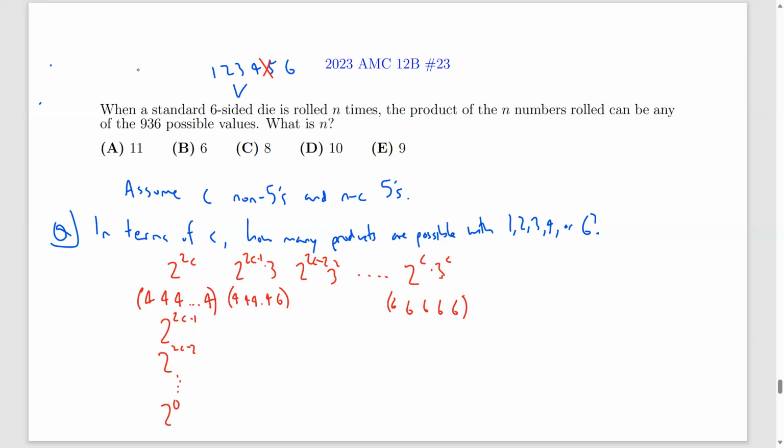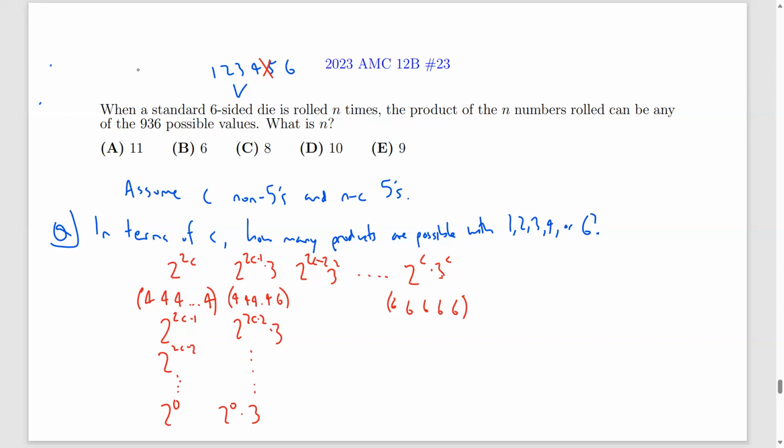And of course, 2 to the 0 occurs only when I roll ones. Similarly, I can obtain 2 to the 2C minus 2 times 3, all the way up to 2 to the 0 times 3, and so on and so forth.